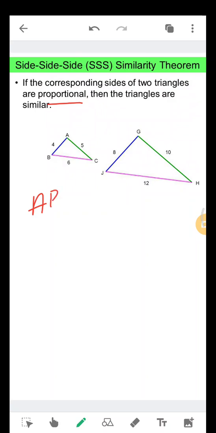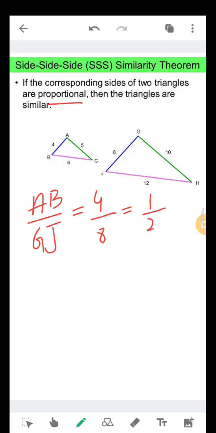You can check the ratio of AB by GJ, that is 4 by 8, which equals 1 by 2. Then check the ratio of the pink colored line, BC by JH.